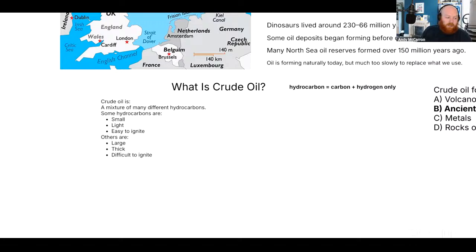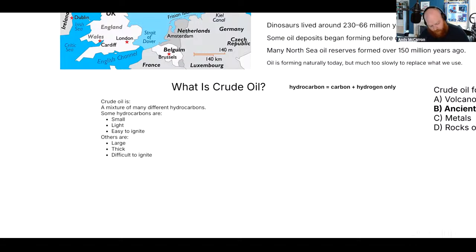And if it's small enough, we are able to ignite it really easily. When they get longer chains, so when I'm talking about chains, let me do another drawing. When we're looking at hydrocarbon chains, what we normally have, oh, that's a bit too thick. Let me make that a little bit smaller.